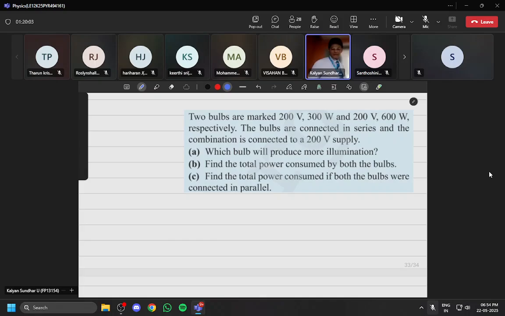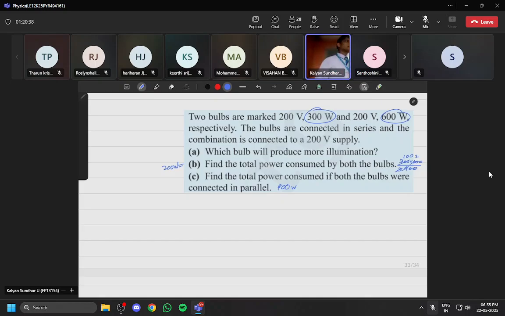For the power when connected in parallel, adding both is enough, so it will be 900 watt. And for series, it is 300 into 600 divided by 900, so this will be 3, and for this it will be 200 watt. Correct?